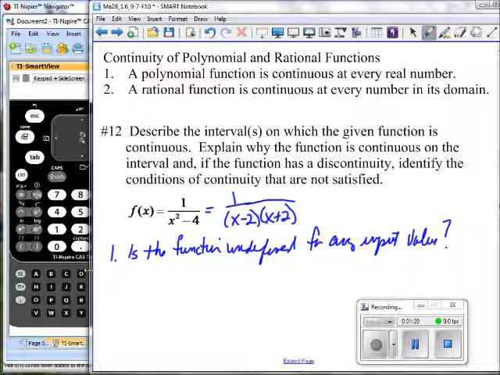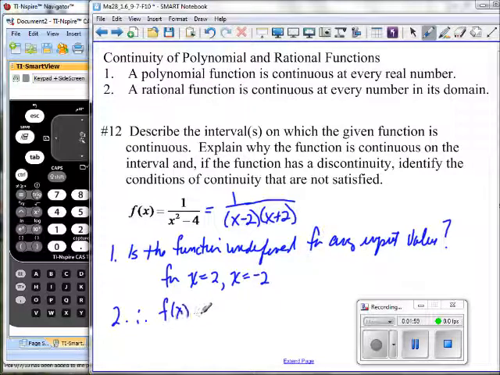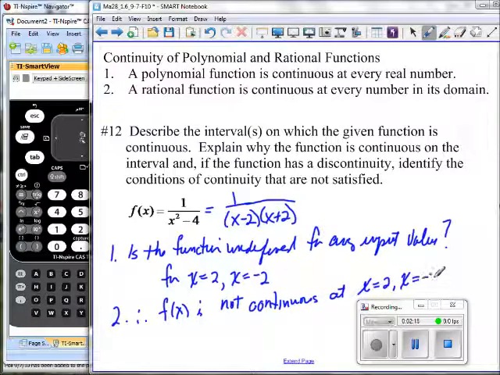Again, there's no way to get rid of those denominators because there's nothing in the numerator to cancel with it. So is there any possibility for this function to be undefined? And we answer yes, for x equaling 2 and x equaling -2. So, therefore, f of x is not continuous, discontinuous, at x equaling 2 and x equaling -2.